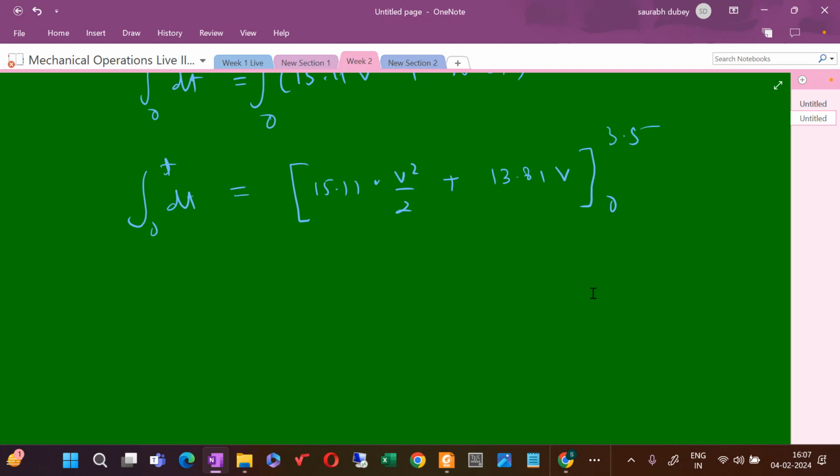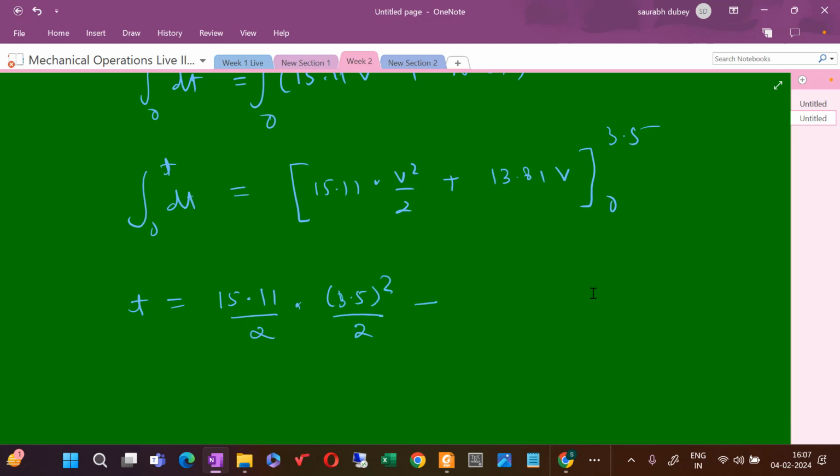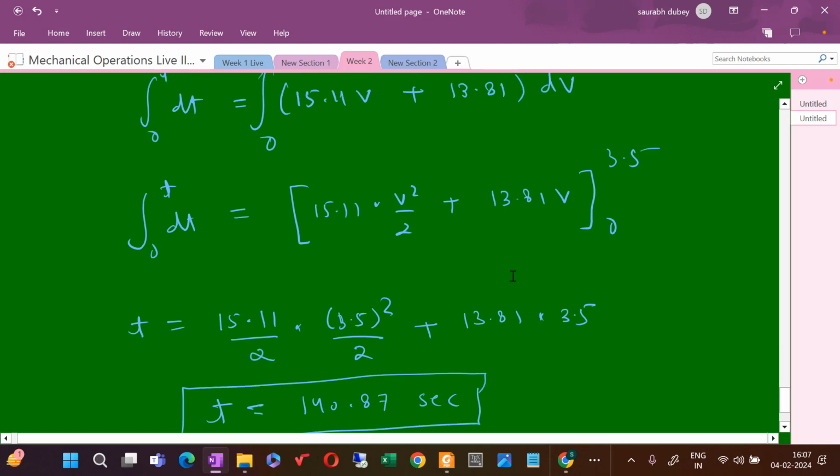When you calculate it, t equals 15.11 over 2 multiplied by 3.5 whole square, plus 13.81 into 3.5. So this comes out to be t equals 140.87 seconds.